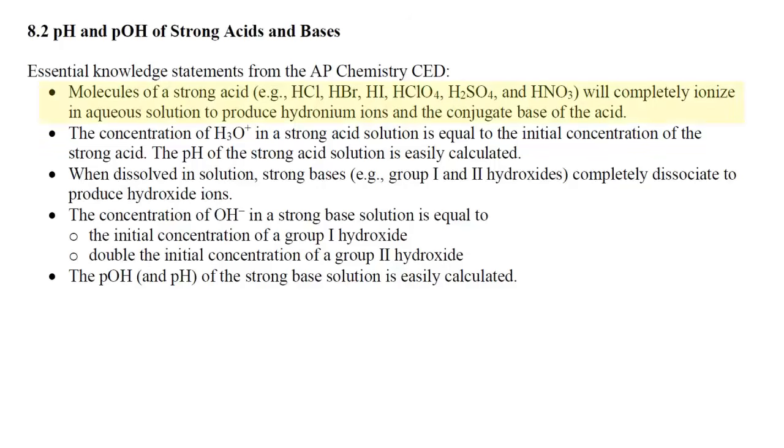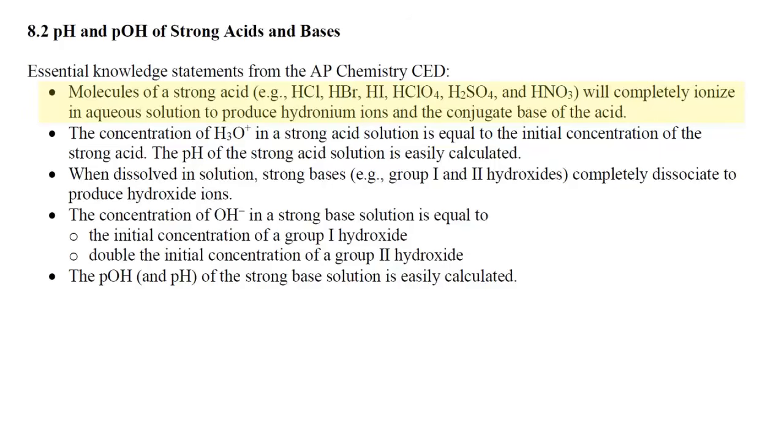Molecules of a strong acid, for example, HCl, hydrochloric acid, HBr, hydrobromic acid, HI, hydroiodic acid, HClO4, perchloric acid, H2SO4, sulfuric acid, and HNO3, nitric acid.